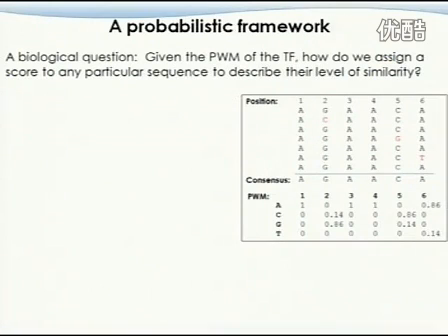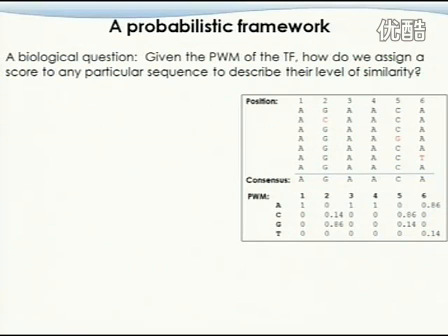And now we have to put that into a more probabilistic framework. So the biological question here is, now I know the position weight matrix of this transcription factor. How do we assign a score to any particular sequence that describes its level of similarity? By the way, this is not difficult to get.